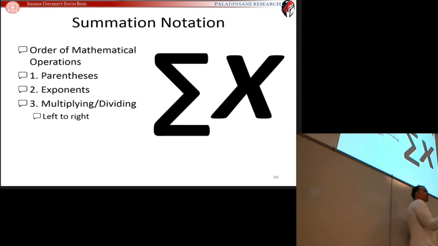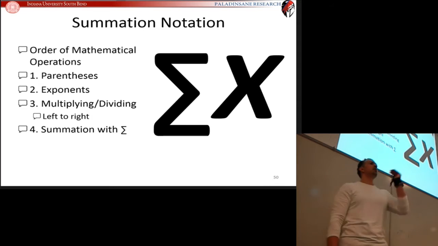I'm mentioning this because I have seen that some students have a tendency to do all the multiplication first and then the division. That's wrong. That's not correct. That's not the convention. Do multiplication and division as you encounter them from left to right. Then you do summation. So typically right here is where you would do addition. But remember that summation is like addition, but it's VIP.